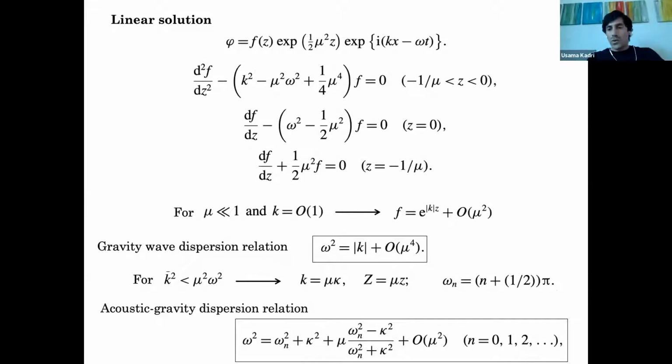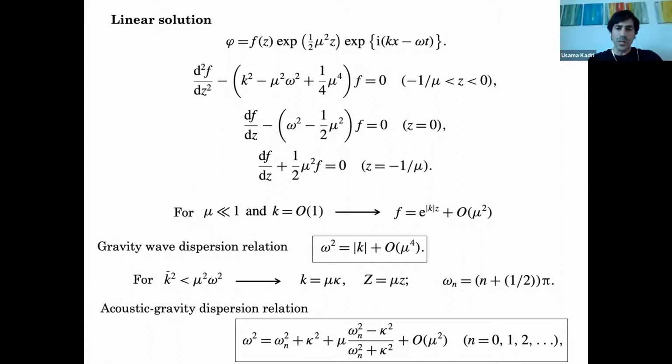Okay, so when we solve the linear solution, again, don't look at the details here. If you can follow the details, it's fine. This is a separation of variables. This is the standard way of doing it. But we end up with a dispersion relation, which relates the frequency of the waves with the wave number.